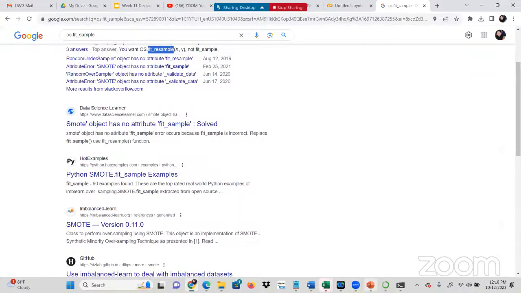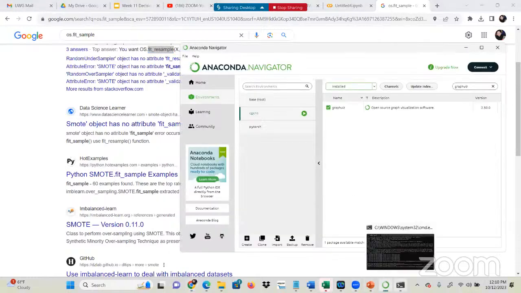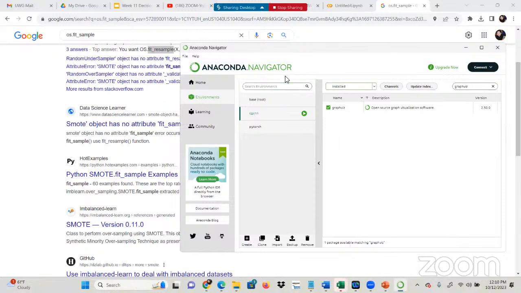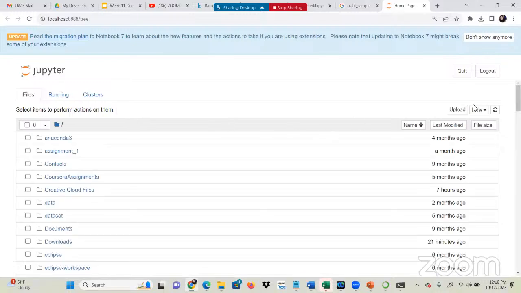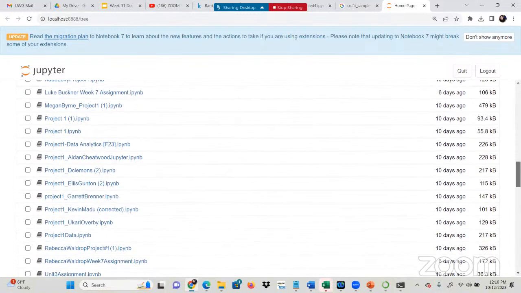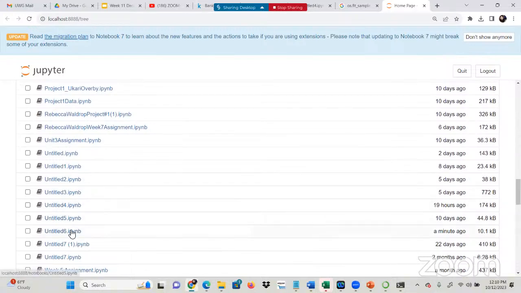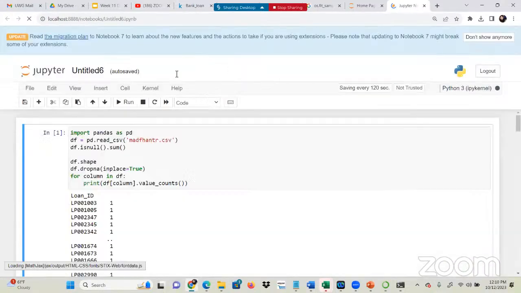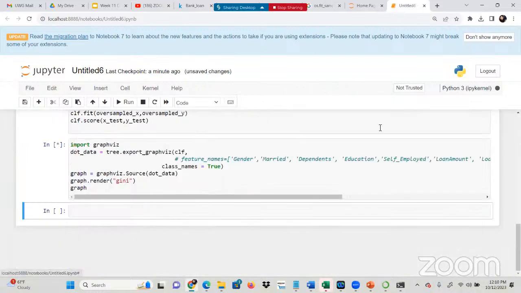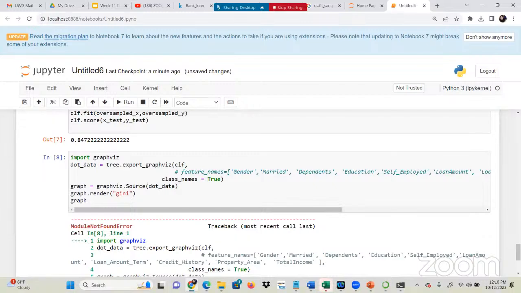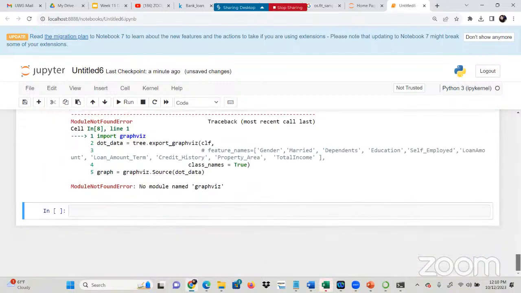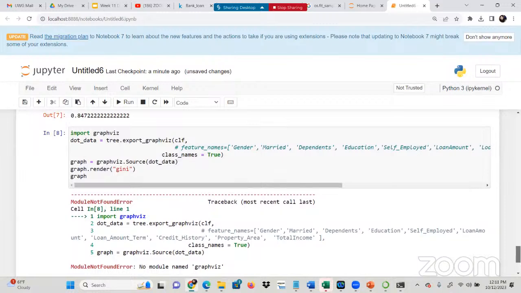I have to restart the whole thing. It still tells me no module.